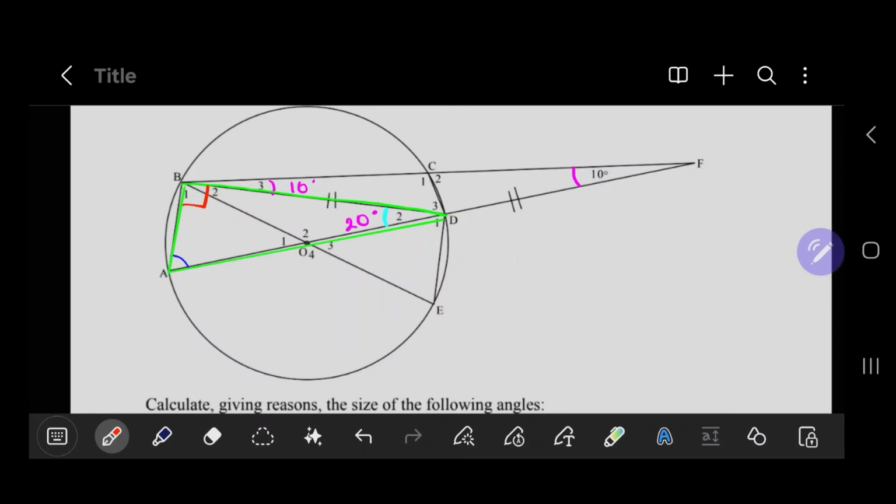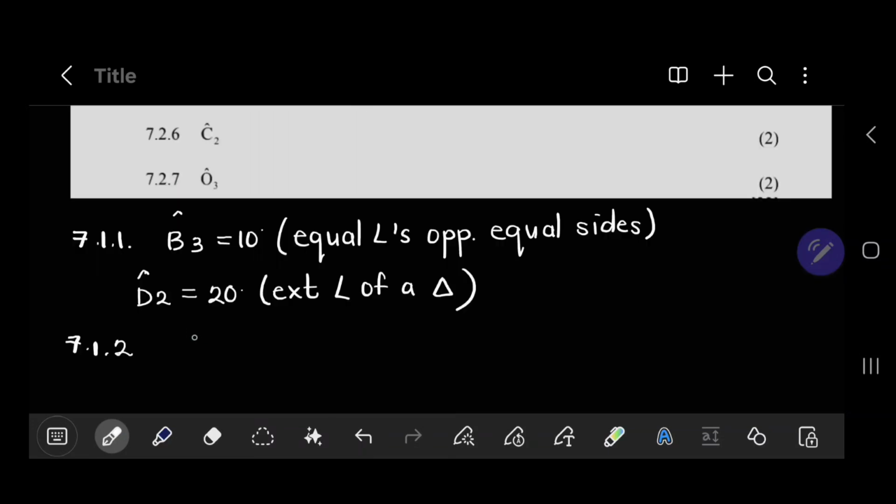So we can start off by getting B1 and B2, but let's give it a proper name. We can call it angle ABD. So we're going to say angle ABD is 90 degrees. That is angle in a semicircle.